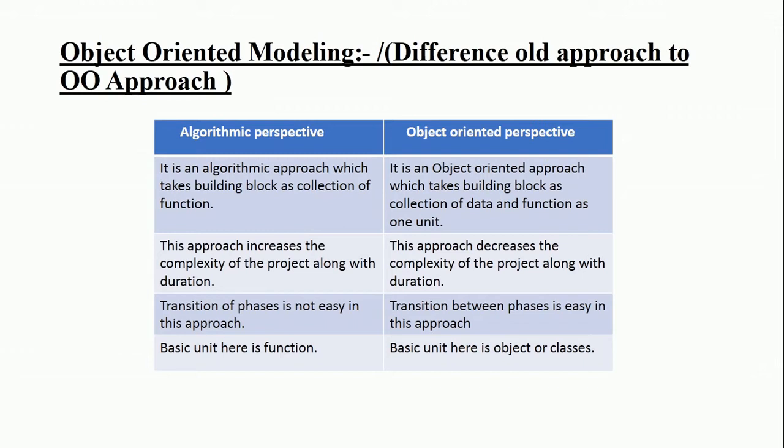So there are two perspectives. One is the algorithmic perspective and the other is the object-oriented perspective. So how is it different from one another?